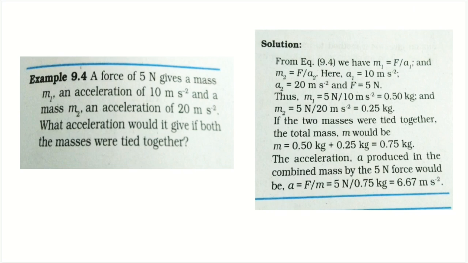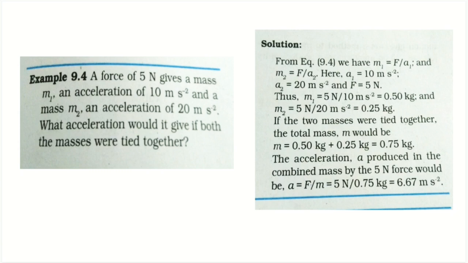Substituting the values of F as 5 Newton, a1 equal to 10 meter per second square and a2 equal to 20 meter per second square, we get m1 equal to 5 Newton by 10 meter per second square, that is equal to 0.50 kg, and m2 equal to 5 Newton by 20 meter per second square, that is equal to 0.25 kg. The total mass m is given by m1 plus m2.